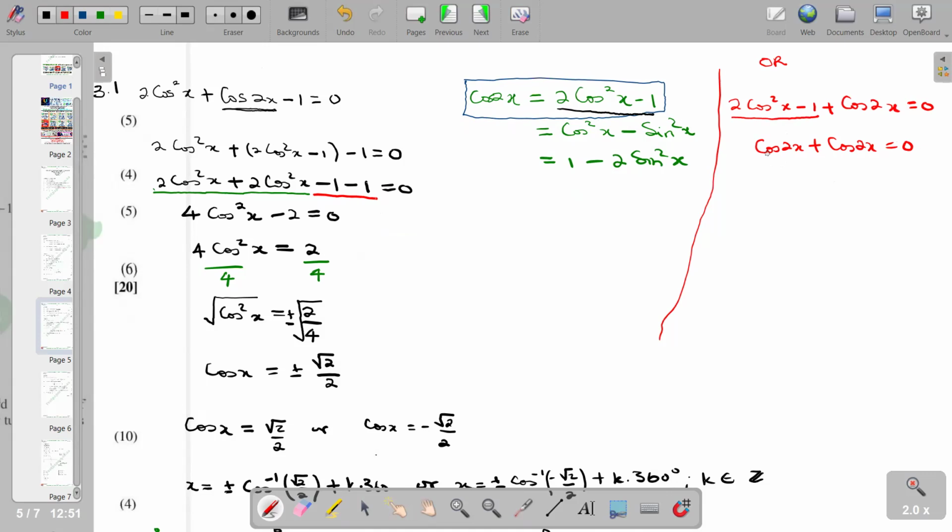If we check, these are like terms. So you'll be left with 2 cos 2x must be equal to 0.